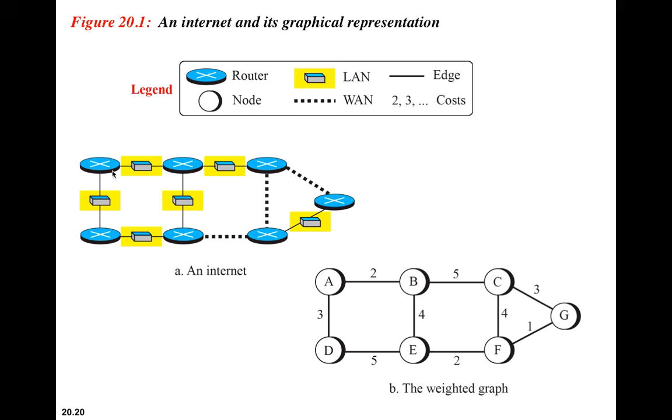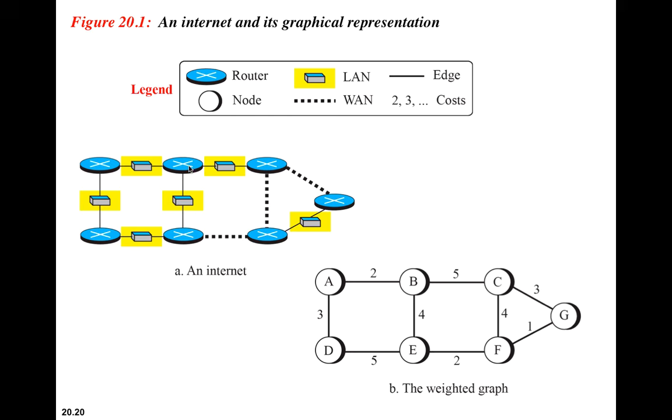If you see this diagram, this is an intranet. An intranet is a collection of hosts and routers connected to each other. And in this case, we have routers, and these in the middle are LANs.